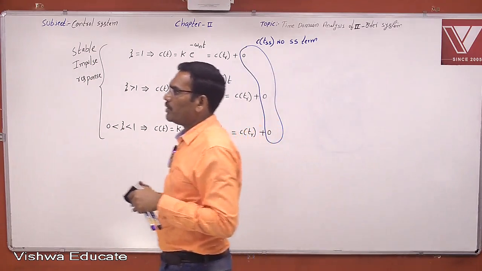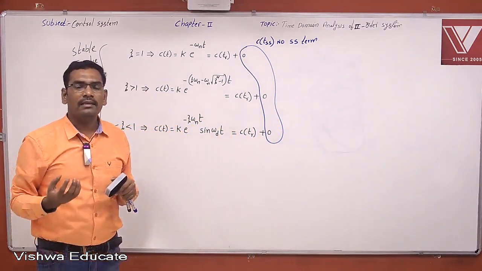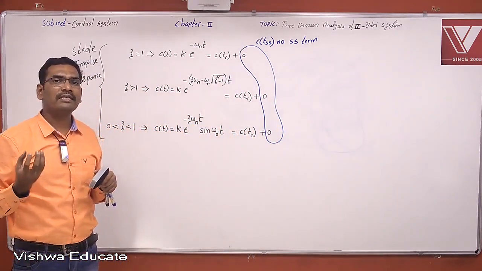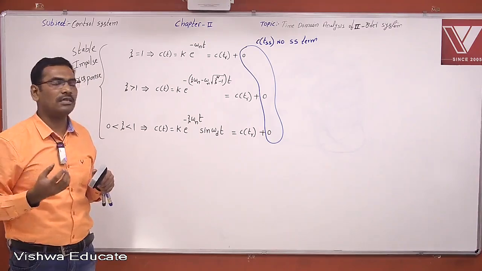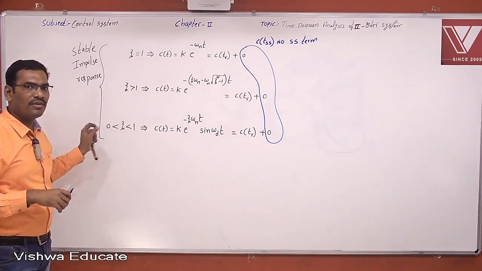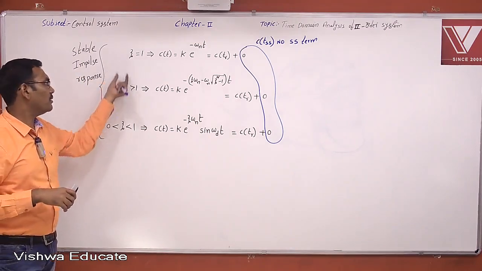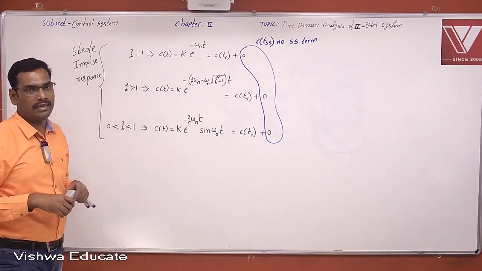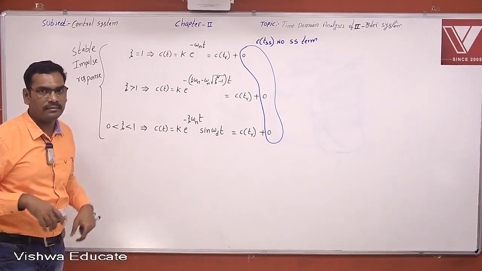Now students, we have to go for the unit step response of the second order closed loop control system, so that you can have clarity among these three groups about which is the best zeta. You can easily identify it. Before that, take a copy of that.